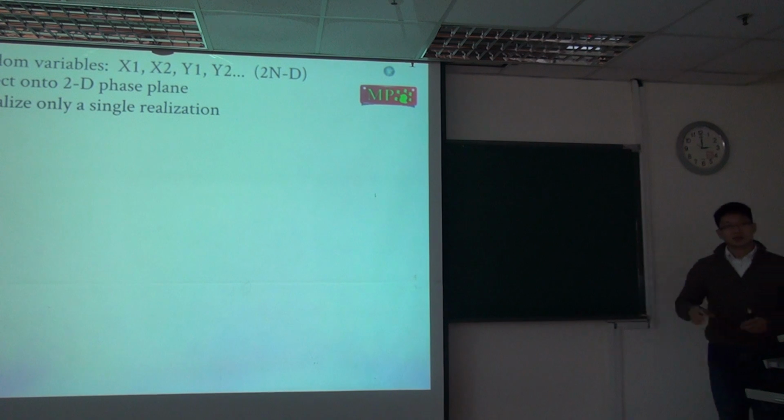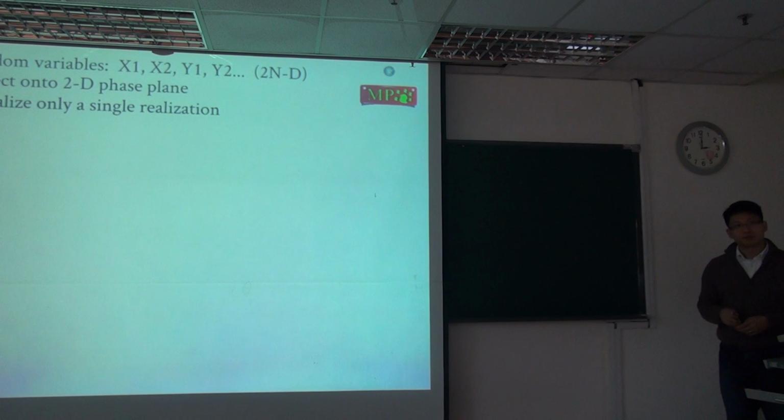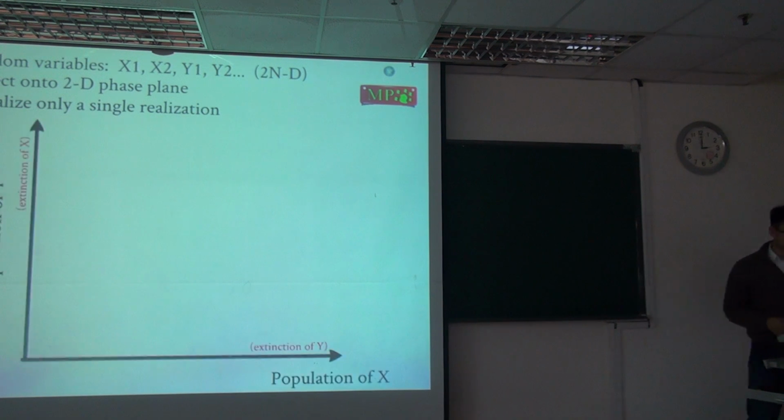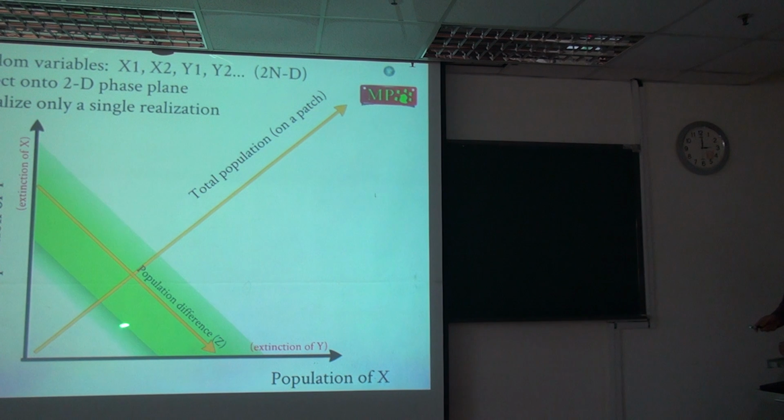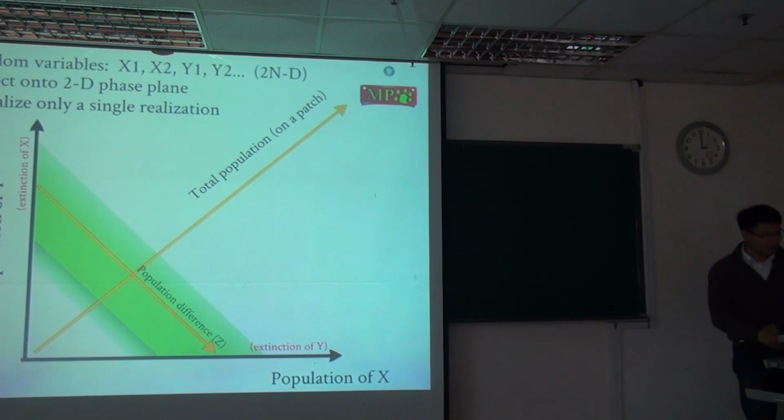That means I only run the system one time. But since the system has many patches, as you can imagine, there are a lot of green dots, and at the end, if you have enough, you see more like a green band.